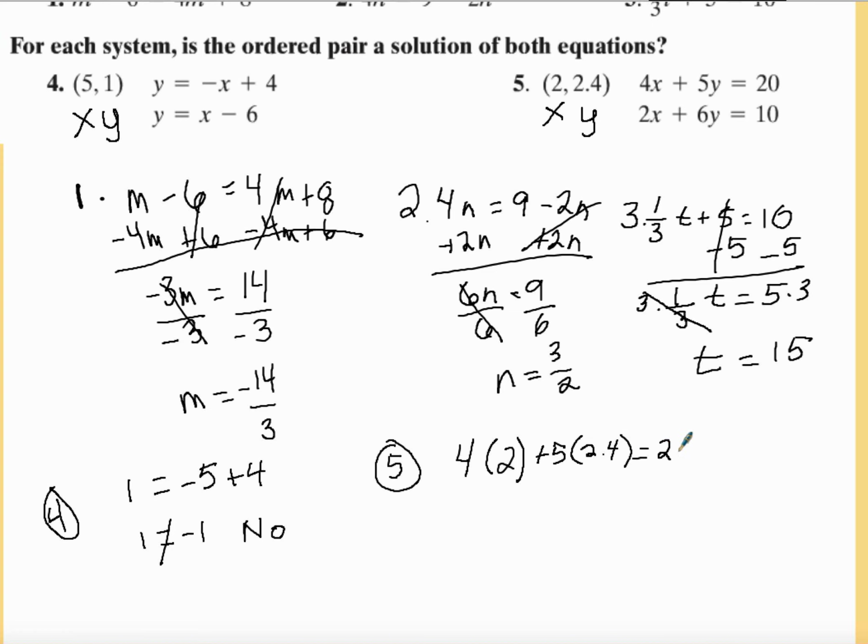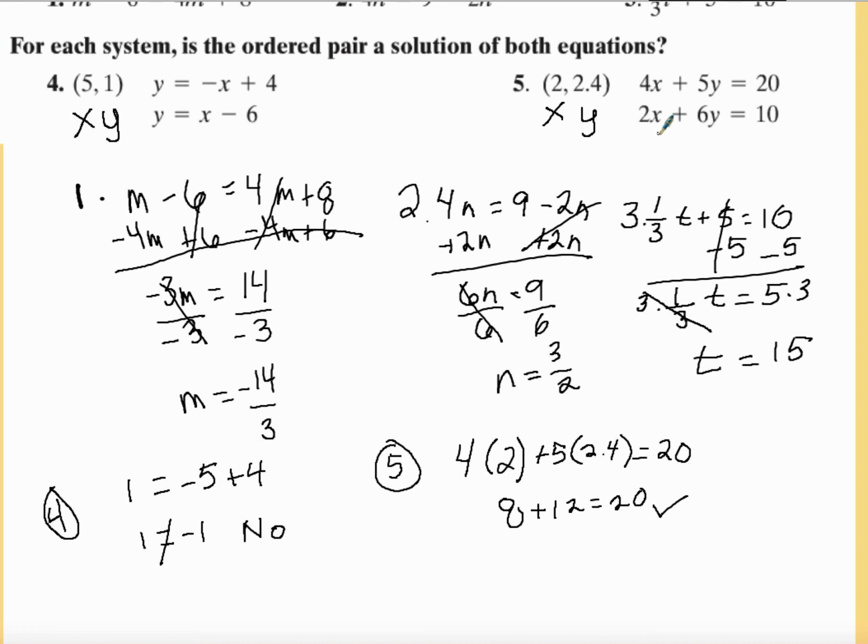And that's supposed to equal 20. As you know, 4 times 2 is 8. And then 5 times 2.4 is actually 12. And 8 plus 12 does equal 20. So hey, maybe we have a solution here. But hold your horses. We still have to test the second equation.